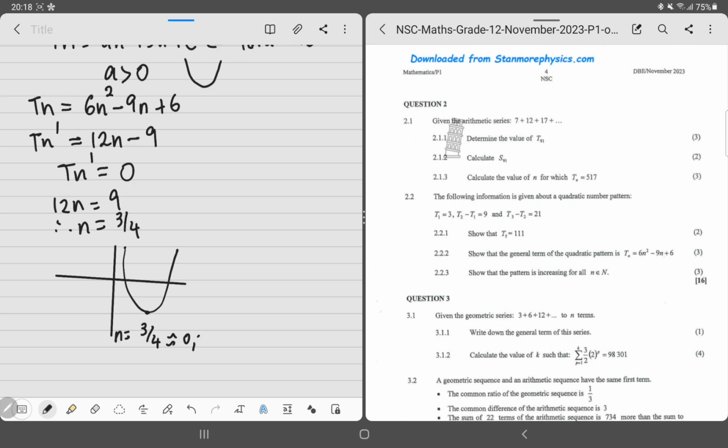So 3 over 4 is the same as 0.75. So we can clearly see that 1 will be somewhere to the right. So will be 2, 3, 4, and so forth.